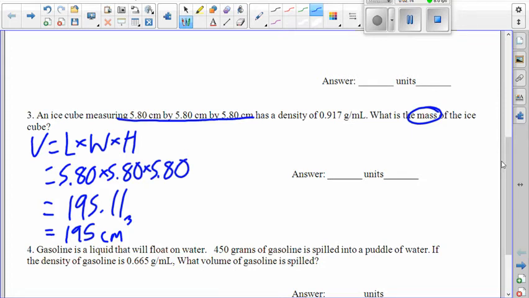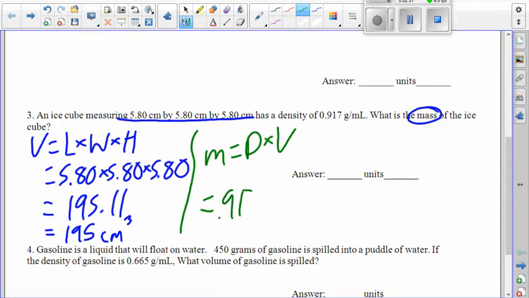Anywho, if I am looking for the mass, I'll do the second step in green. Mass is going to be equal to the density times the volume. In our case, that's going to be 0.917 times 195.